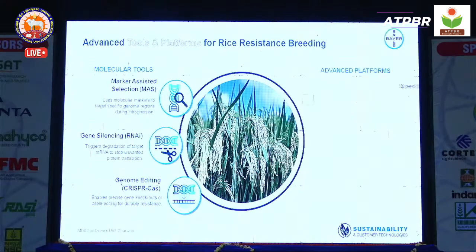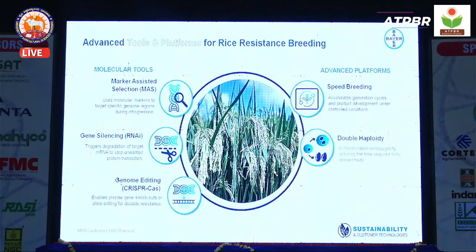On the advanced platforms, we have speed breeding, which is changing the way we get genetic advance faster. Then double haploidy, another approach, and genomics-enabled trait discovery.